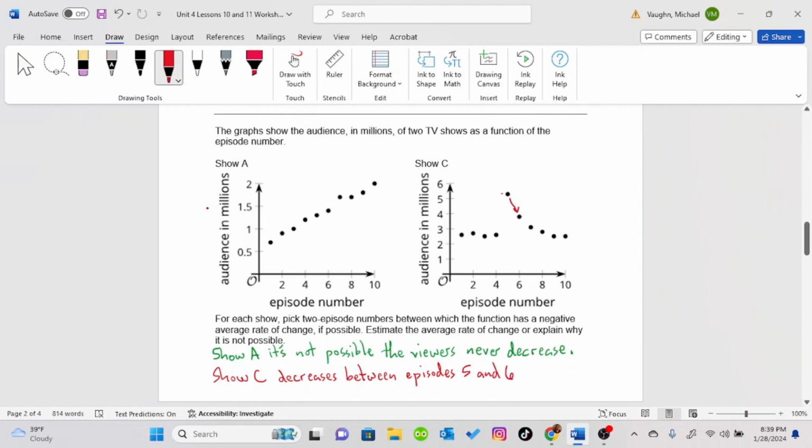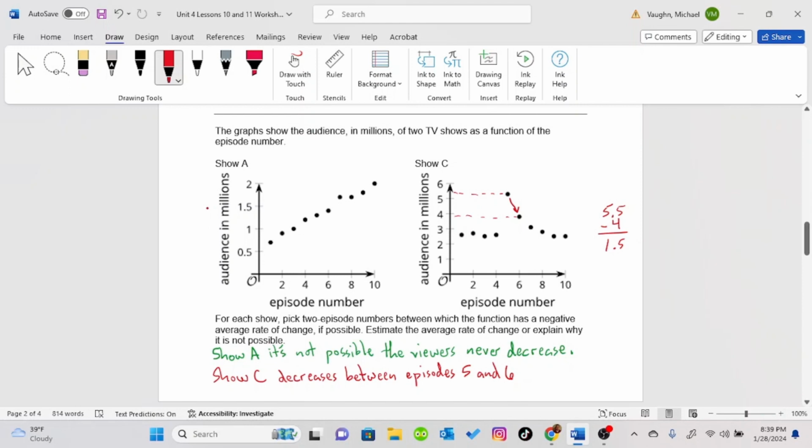And if we look at episode 5, we're between 5 and 6 million, so we could say 5.5 million. We decrease down here to about 4 million. So we decreased about 1.5 million in one episode.